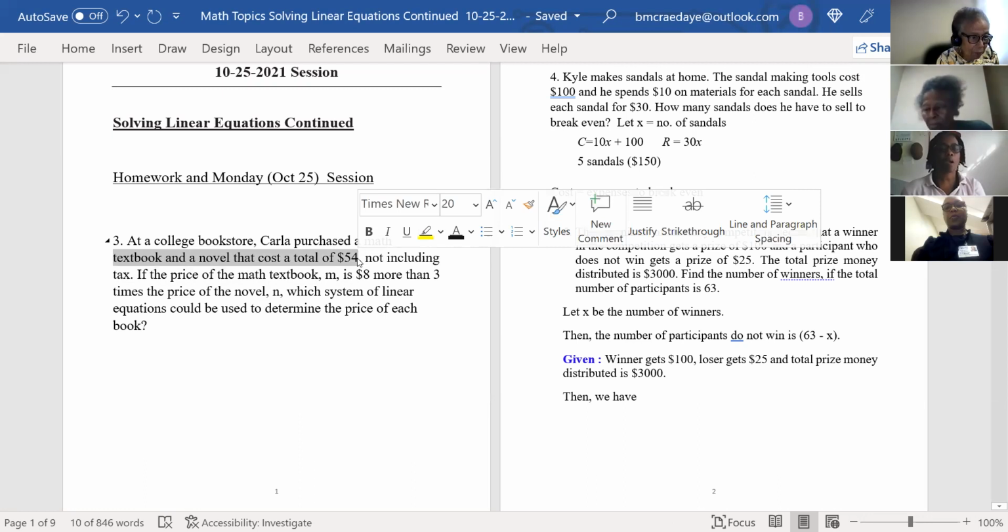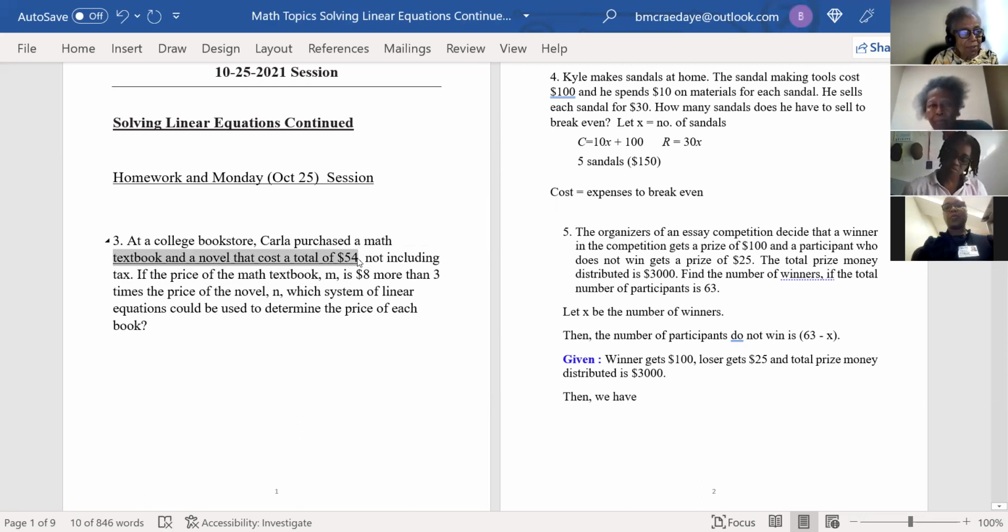So the textbook plus the novel cost a total of $54. You were also given that the math textbook is $8 more than 3 times the price of the novel. Those are the 2 essential things you need to set up your equations.